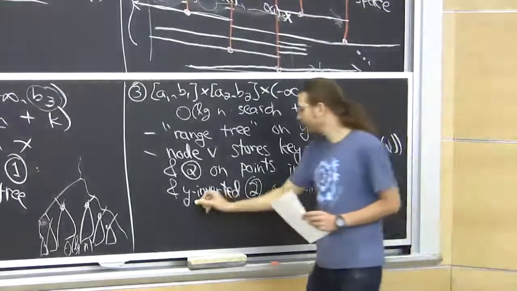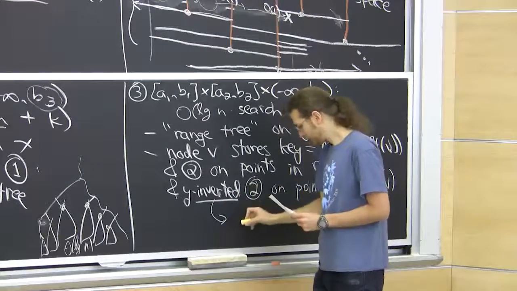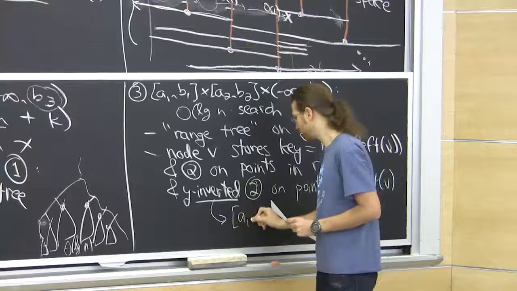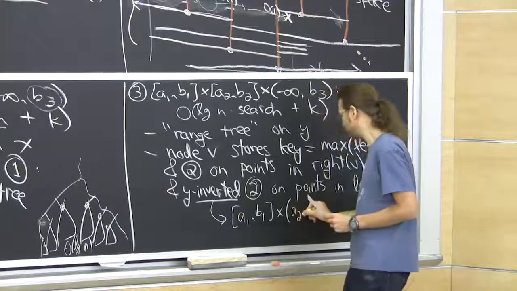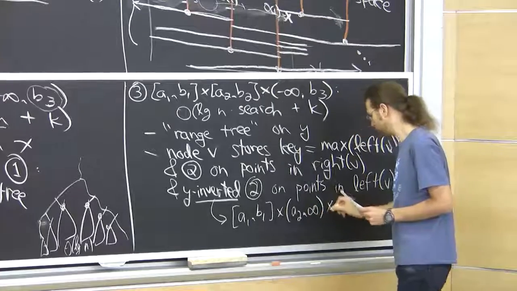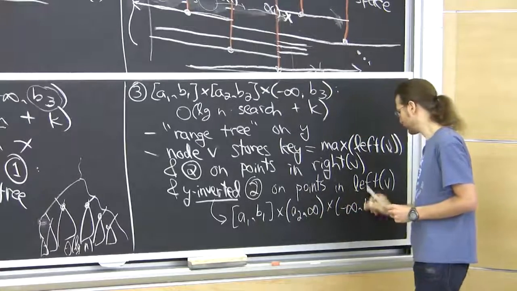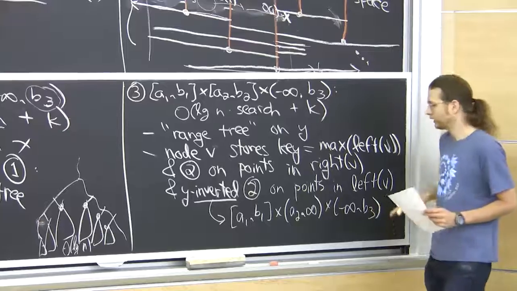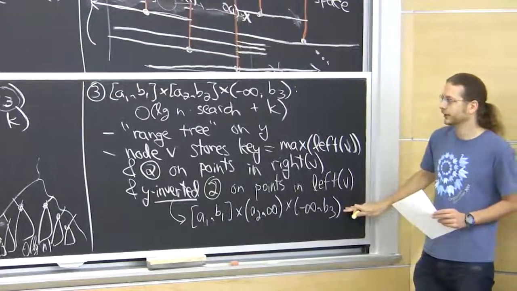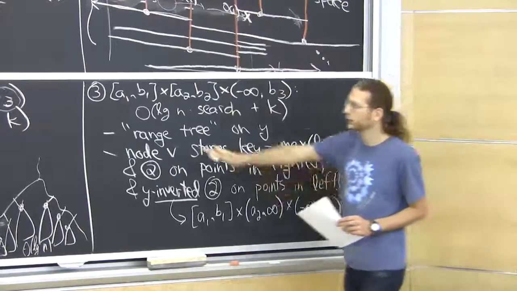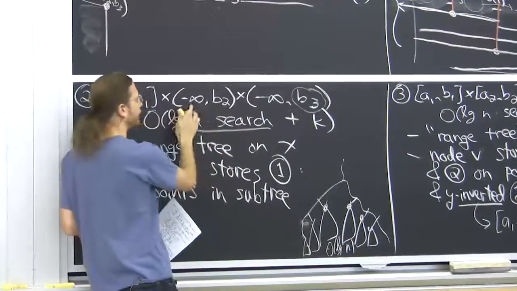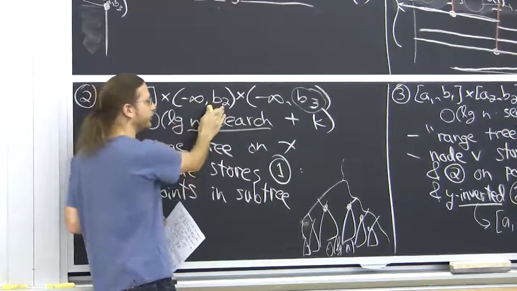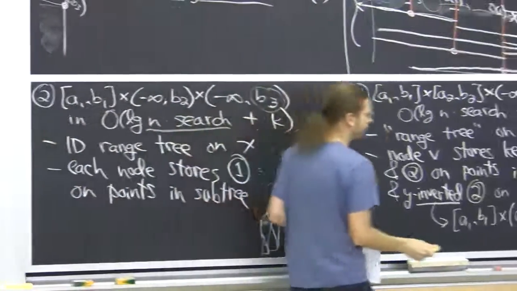And what does y-inverted mean? It means that you can search for boxes like this. So before, regularly a 2 structure is sort of left-centered, and the left endpoint is undefined, and it goes up to B3. Now I want something that's right-centered.